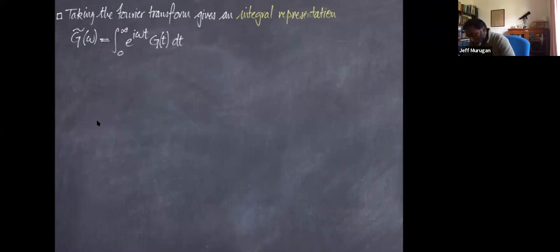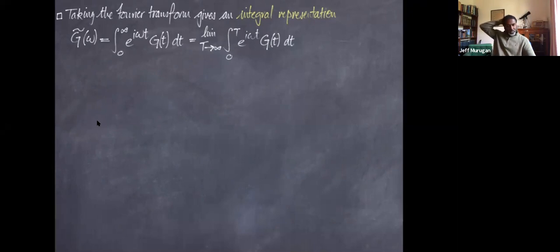Of course, what I mean by this is really the limit as some regulator T goes to infinity of the integral from 0 to T of e to the i omega t G of t dt. Okay, so that's how I define the integral and make sure that it converges.